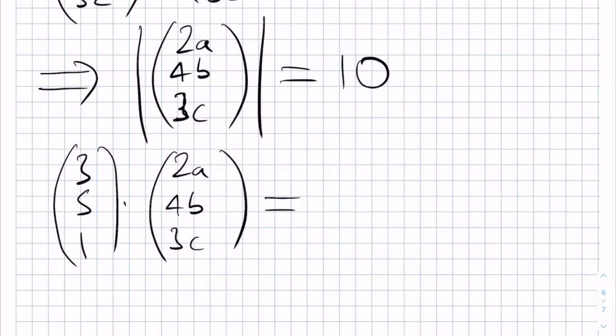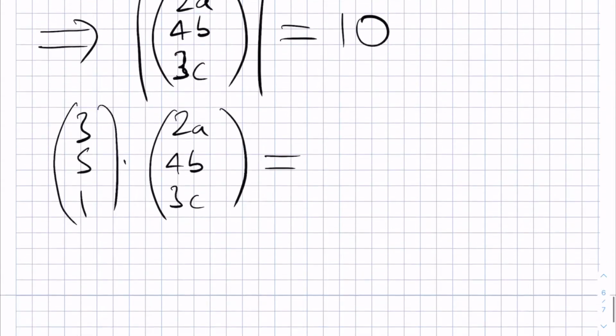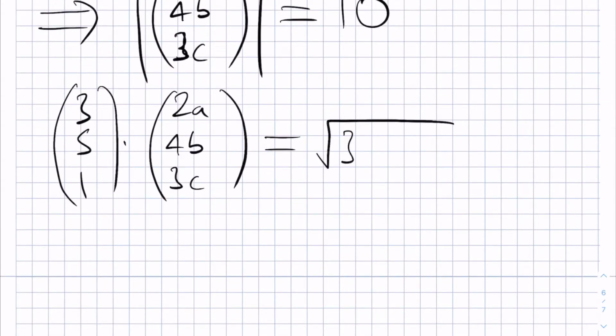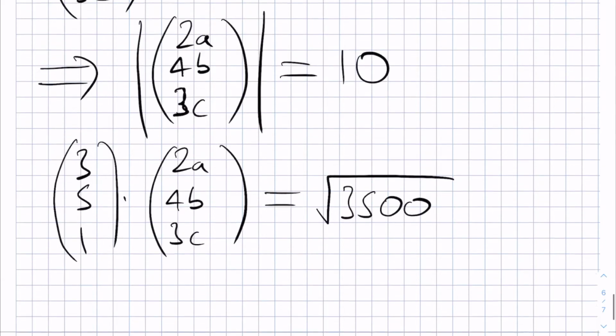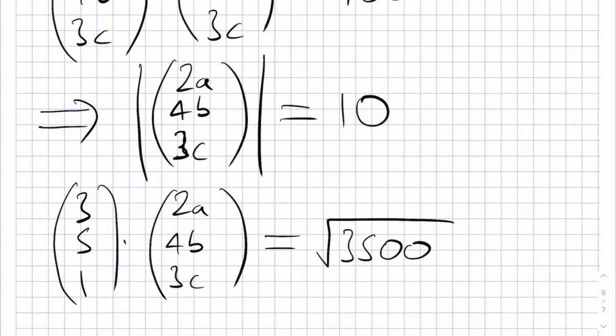And then the right-hand side is the square root of 3,500. Then we have the same vector in terms of a, b, and c appearing in both equations.